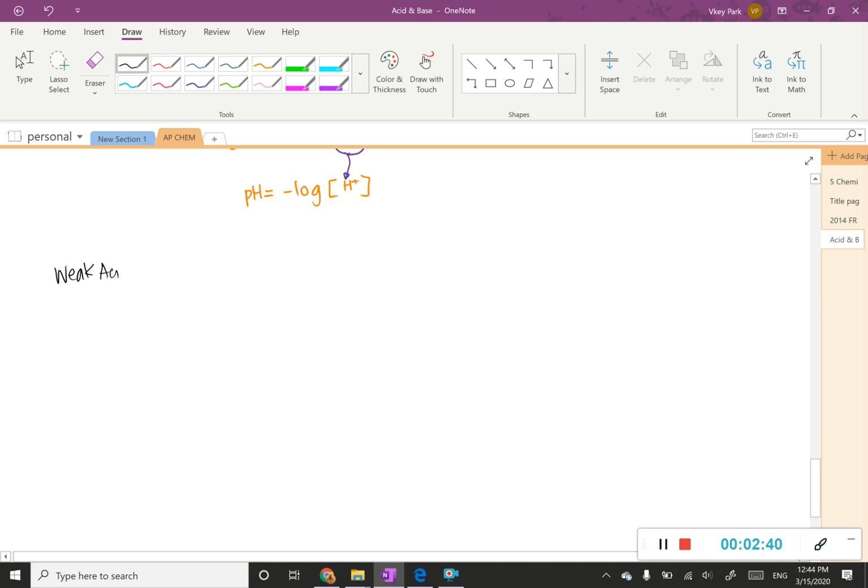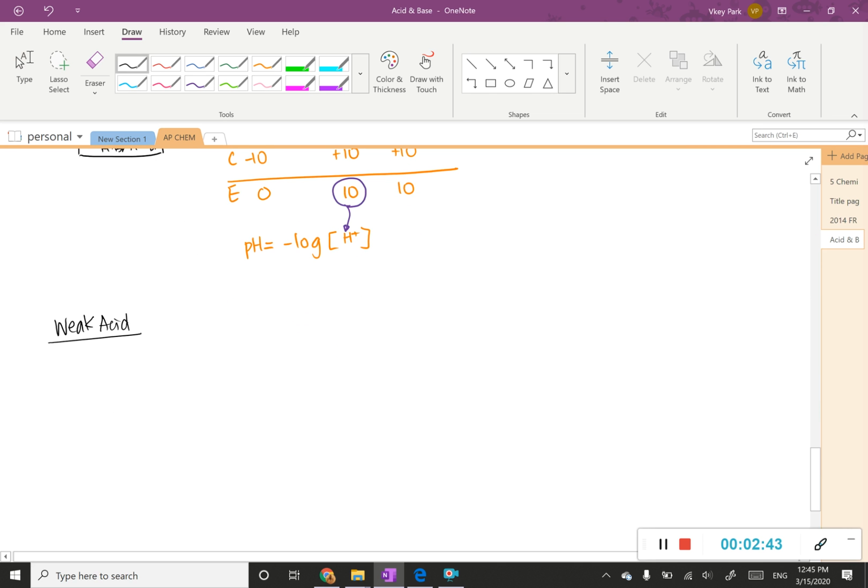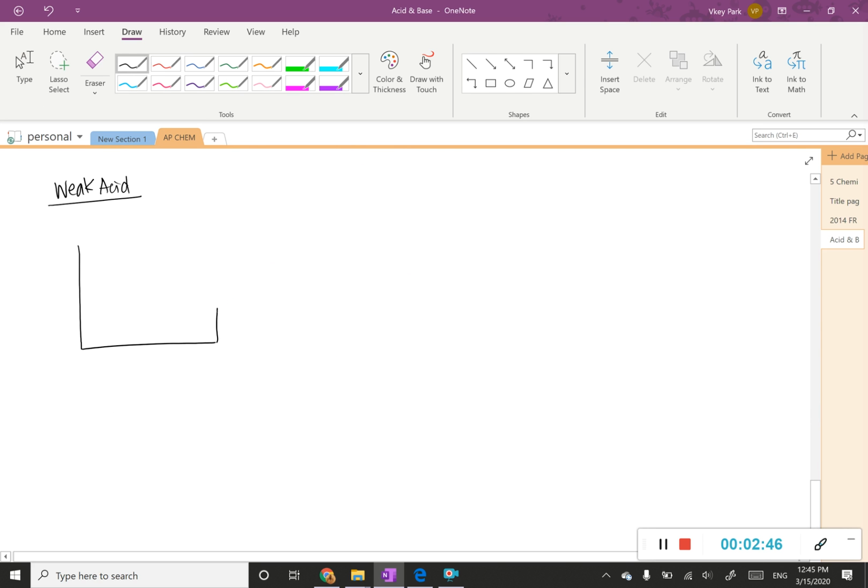Weak acids are a little bit different in the sense that here's the pool party and let's say 10 molarities of HF show up. HF being a weak acid, we know that, but we're now going to talk about the concept behind it. So 10 couples of HF show up.